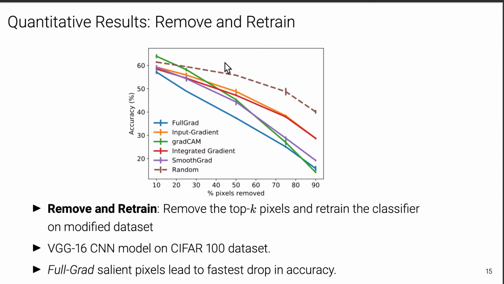So we can see that the top k pixels got removed, and we lost the most accuracy for just 20% of the pixels removed. Full-Grad accuracy dropped the most. So we argue that this is evidence for our post-processing identifying these top k pixels being removed.